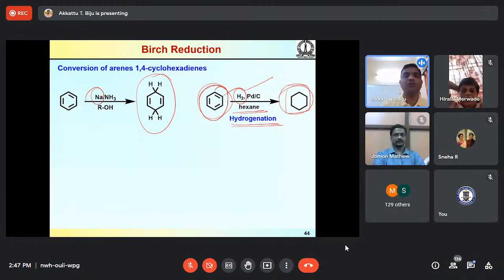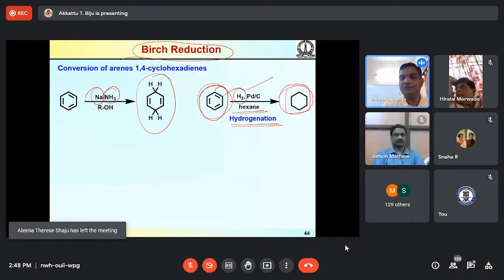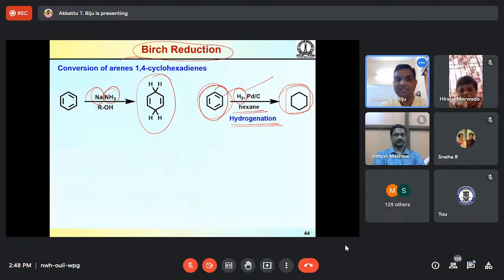The method of choice is what is known as a name reaction, the Birch reduction. The reagent normally people use is sodium and liquid ammonia. Liquid ammonia means you can imagine at what temperature one has to do the reaction, because at room temperature ammonia is a gas.